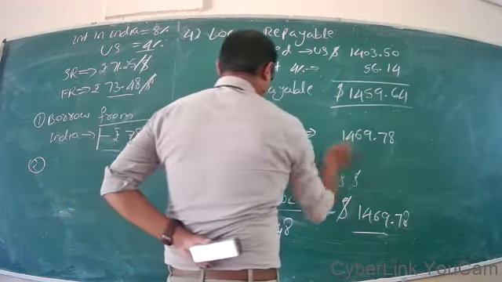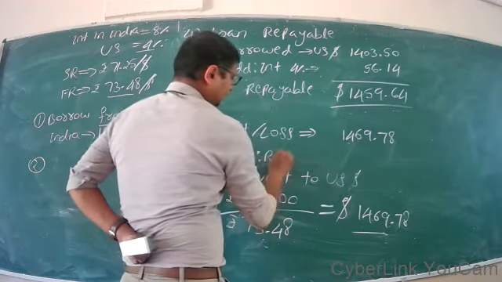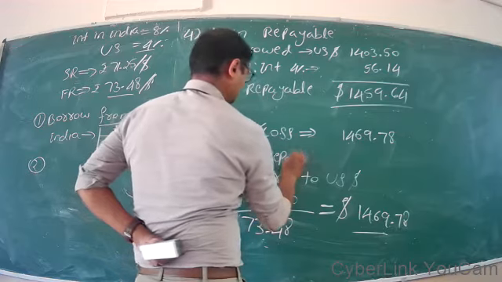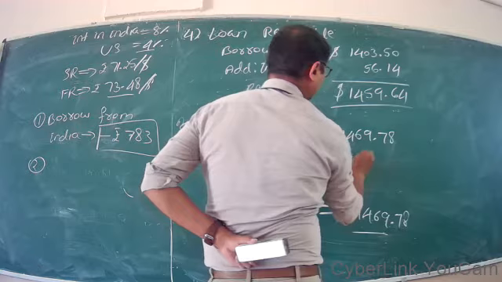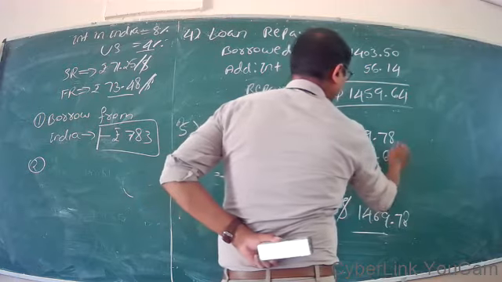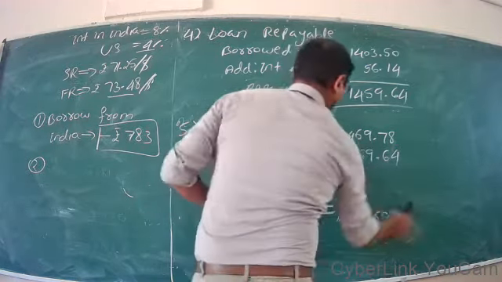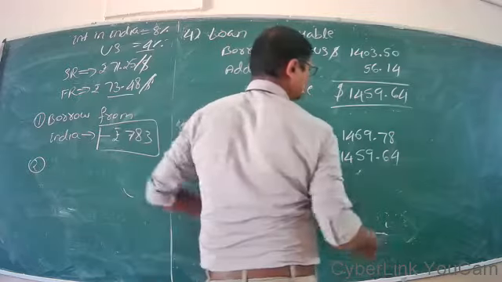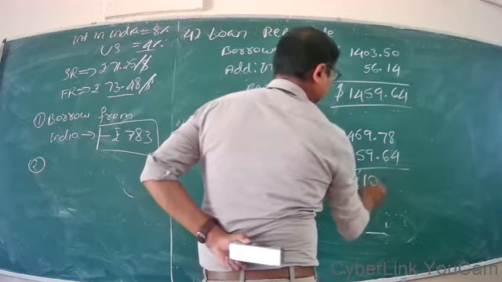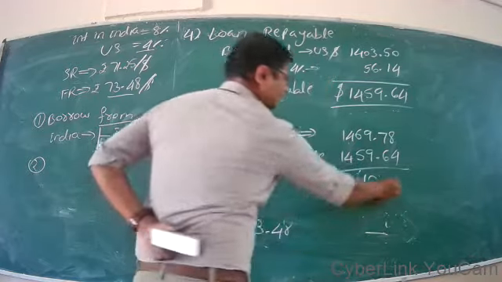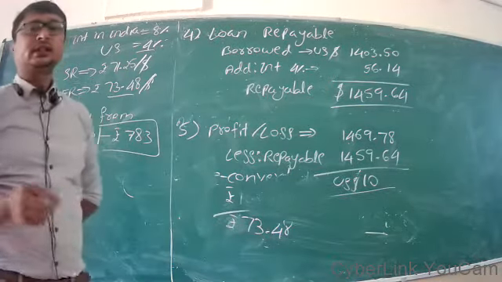With the help of this amount, you are paying your loan. Loan repayable is 1459.64. Almost, don't take the figure as exact, we are earning $10. So you have earned $10.